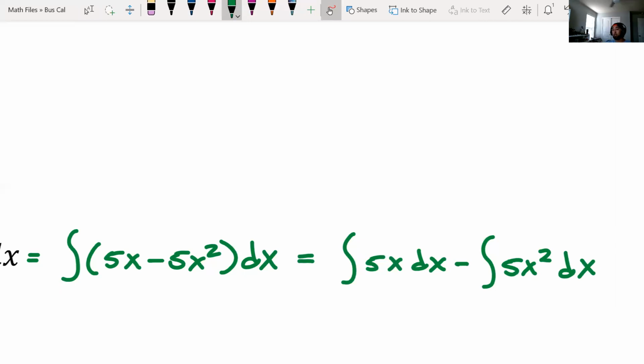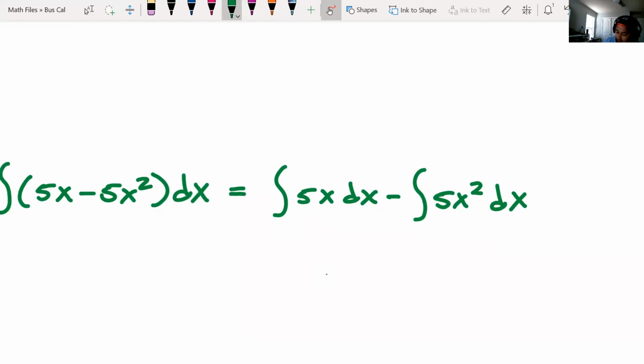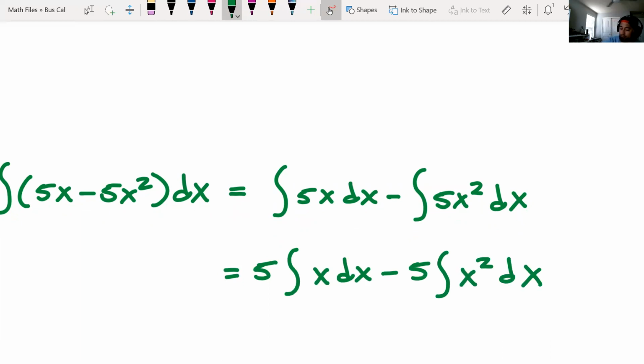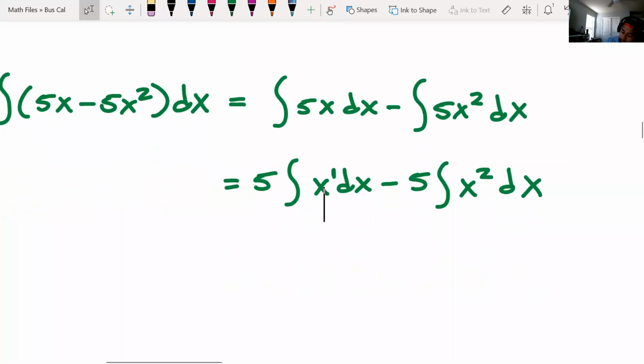So we just took it and split it into 2. Okay. And now we're going to rewrite it one more time by pulling those 5's out. So I'll get 5 times the integral of x dx minus 5 times the integral of x squared dx. We are now ready to find the antiderivative, and both of these integrals we will use power rule on. So the first one, that 5's outside, and you have x to the first.